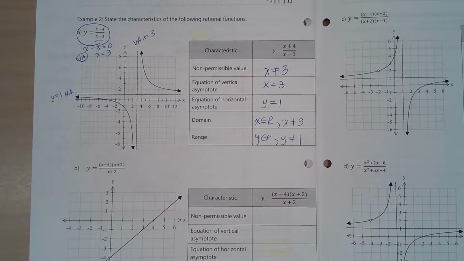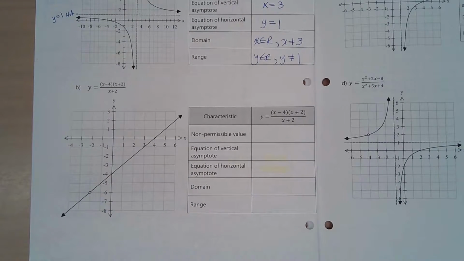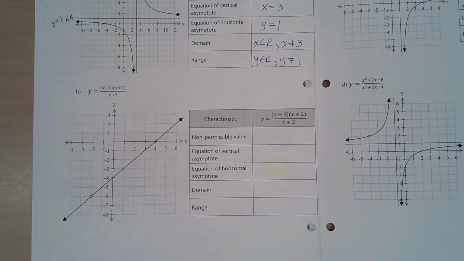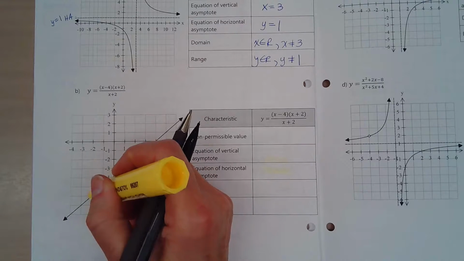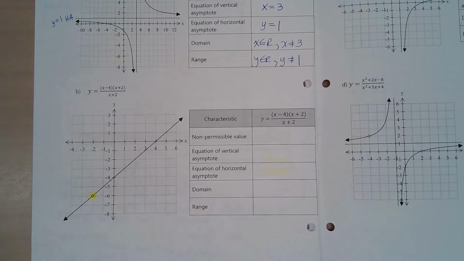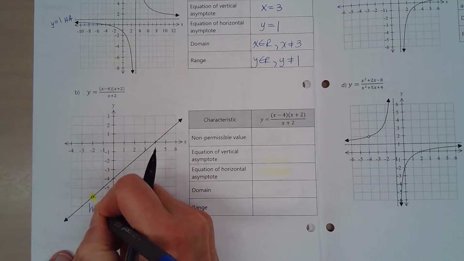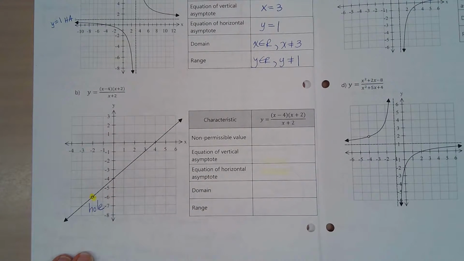Okay, the next one. What does the next example look like to you? Looks like a linear function, right? Except one little part. What is this? It's a hole in the graph, right?